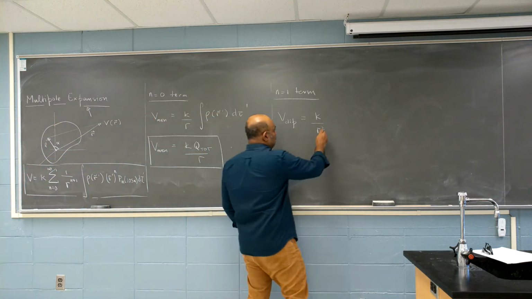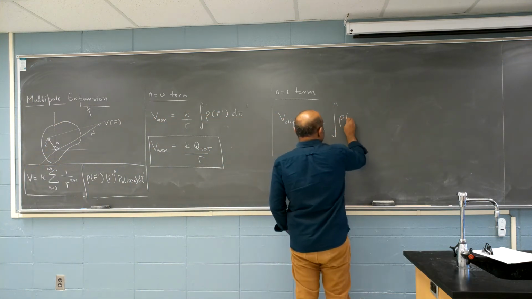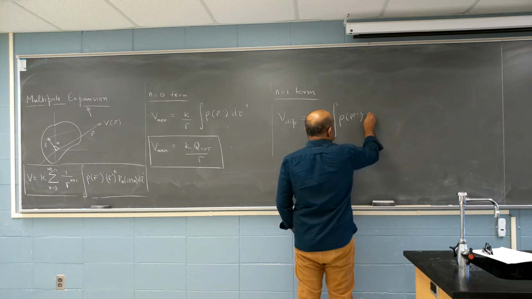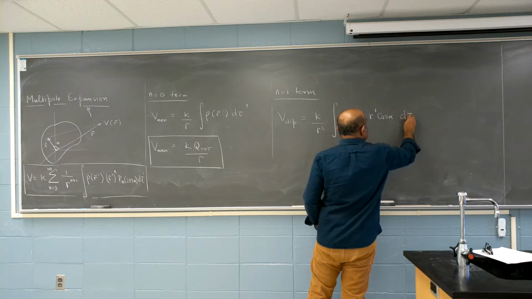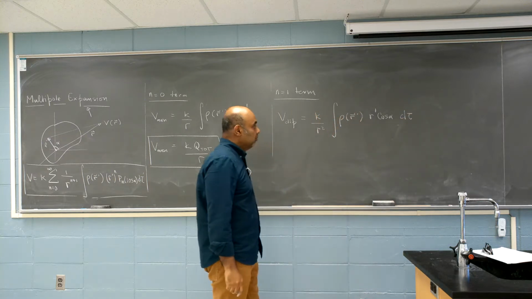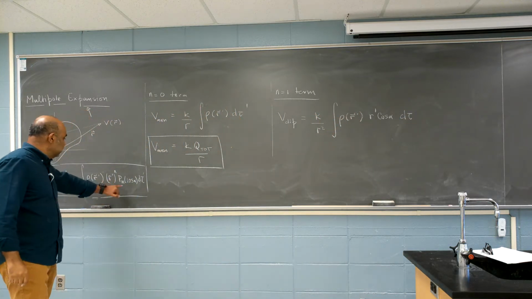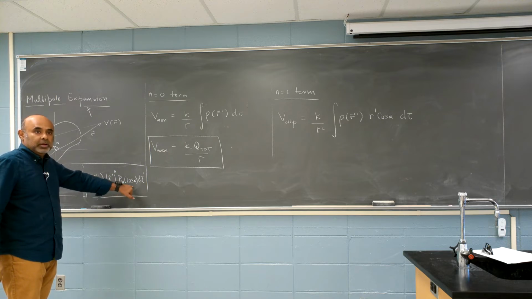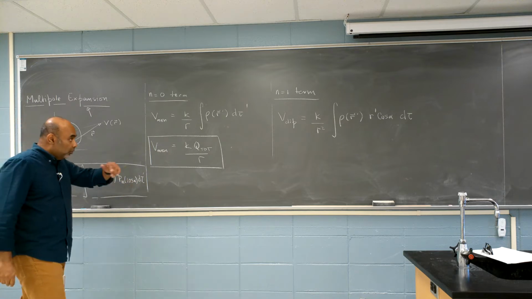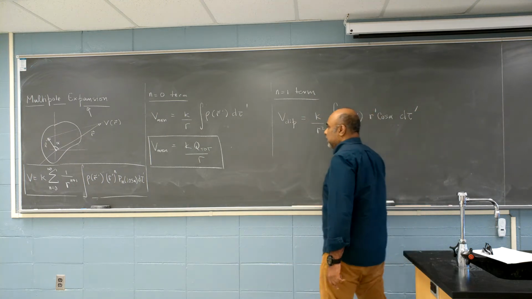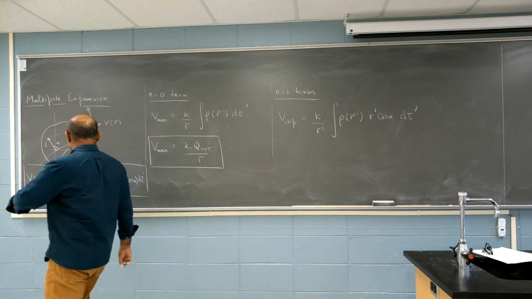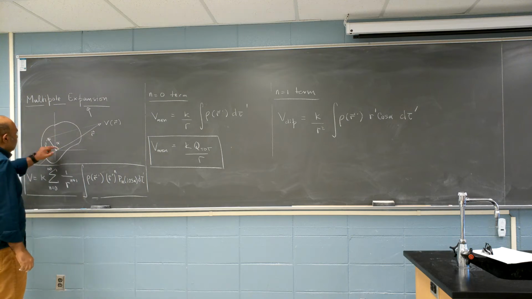So watch it. Here, rho of r prime cosine alpha d tau prime. P1 is just cosine. D tau prime, correct. And I'm glad I didn't remove this picture.